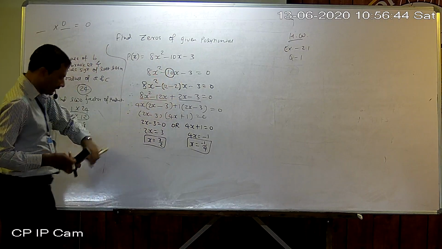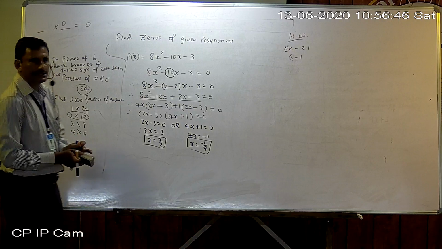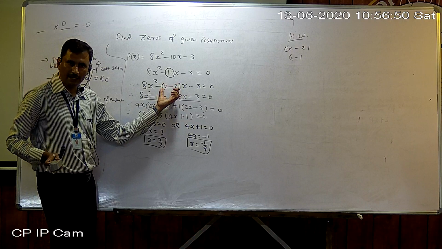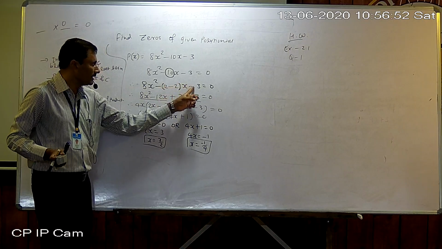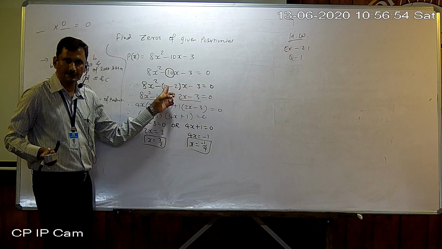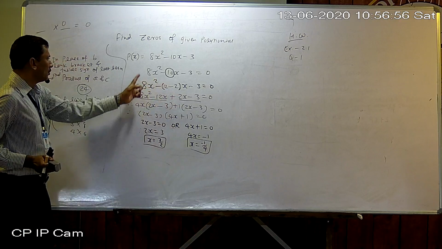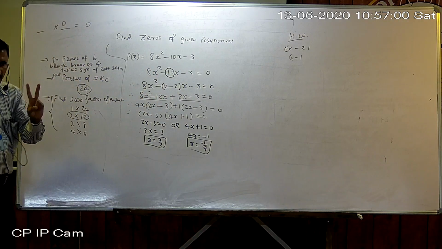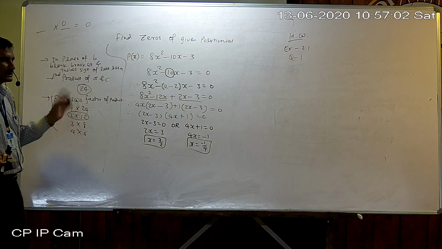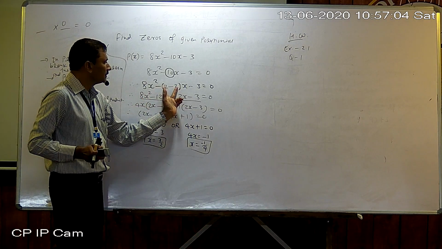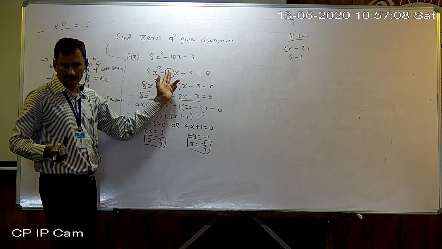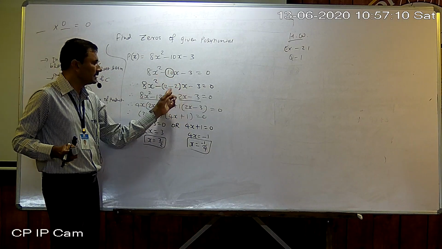How to split, again very fast, I repeat it. First of all, instead of b, make a blank bracket. Inside that bracket, write down the last term sign. Put the last term sign. Now get the product of first and last, meaning a and c. Now get two factors of that product, so that both factors' addition or subtraction becomes the middle term according to this sign.